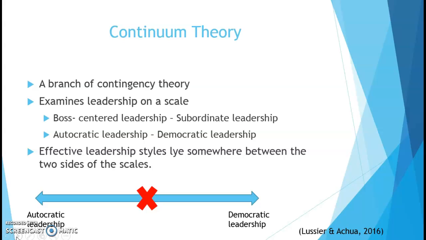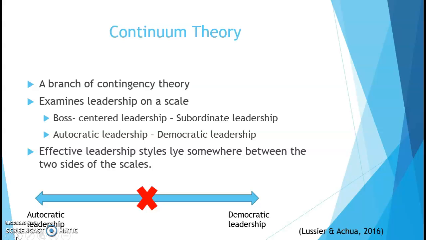The second theory we'll cover is the Continuum Theory. This is actually a branch of the contingency theory and kind of views leadership on a scale. So we have two sides to the scale, this continuum that never ends. For example, a lot of sources use autocratic and democratic leadership.